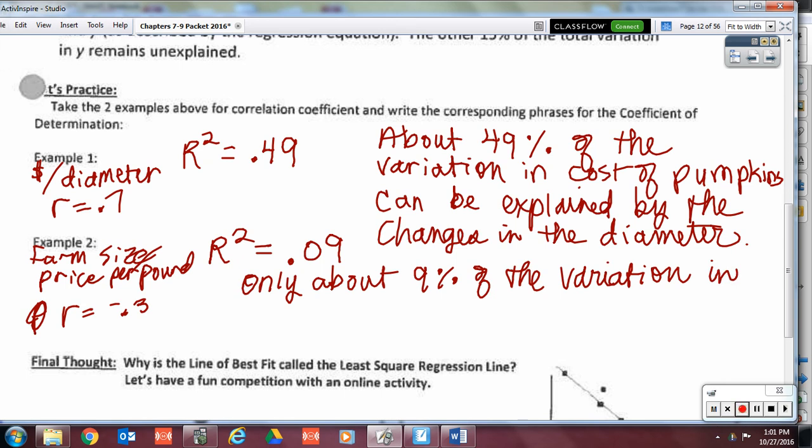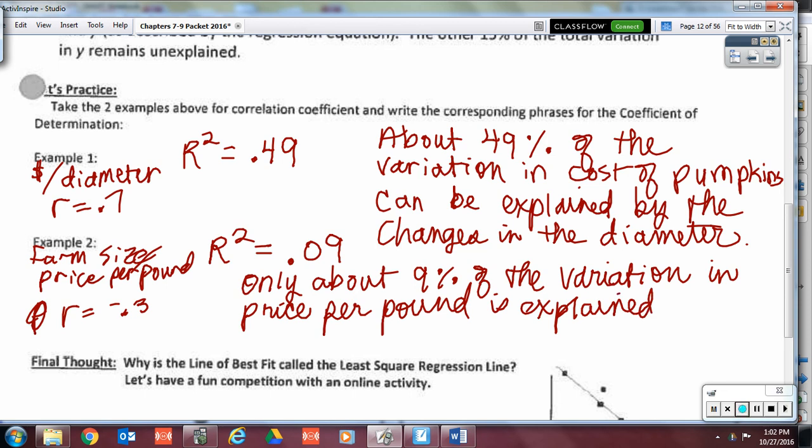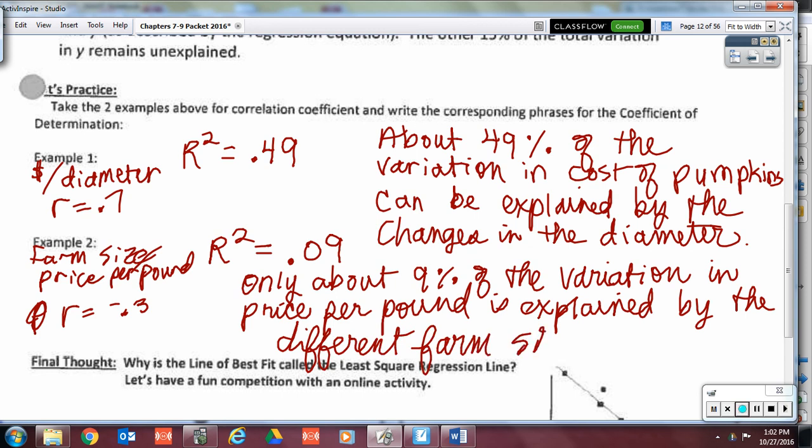So only 9% of the variation of the price per pound can be attributed to, is explained by, the different farm sizes. So that means there's a whole heck of a lot more that goes into why you have different prices per pound. All right, so that's all on that.